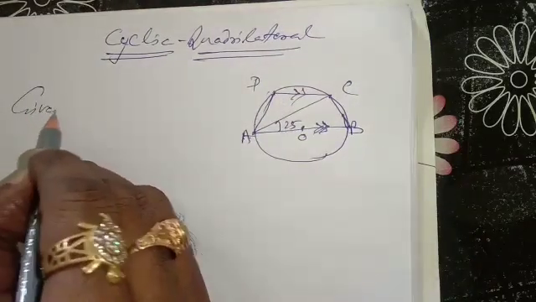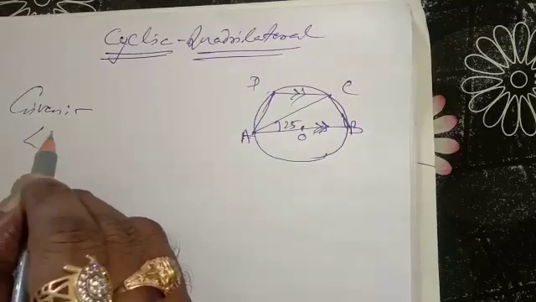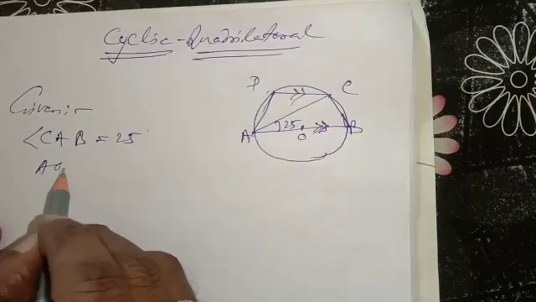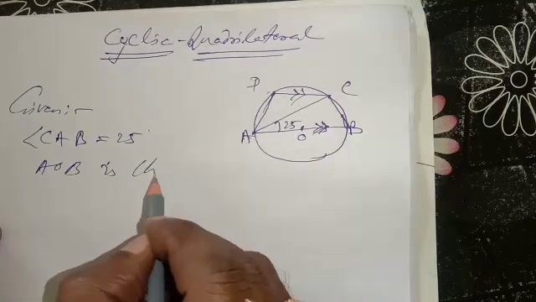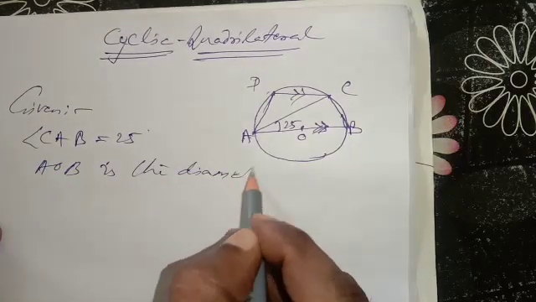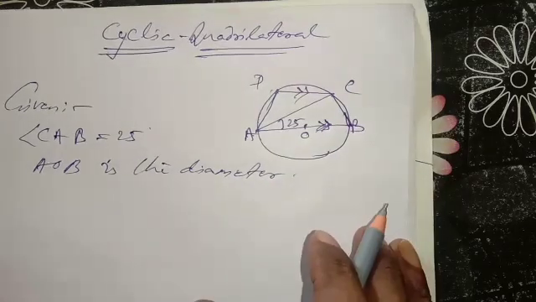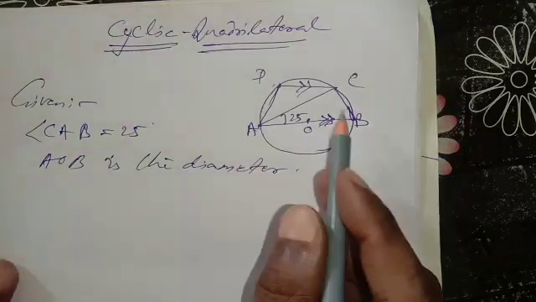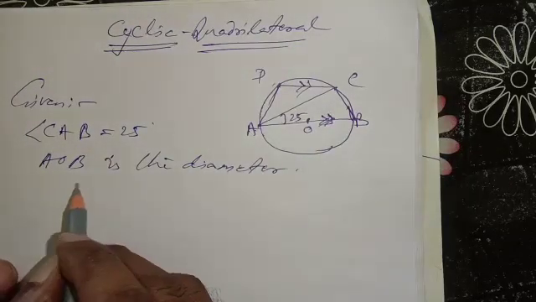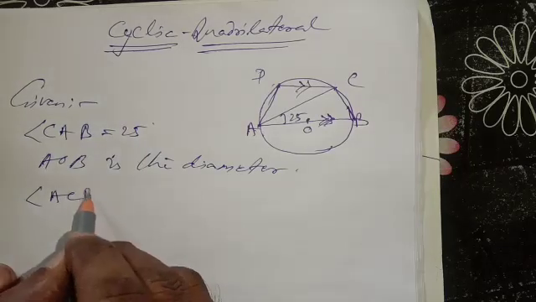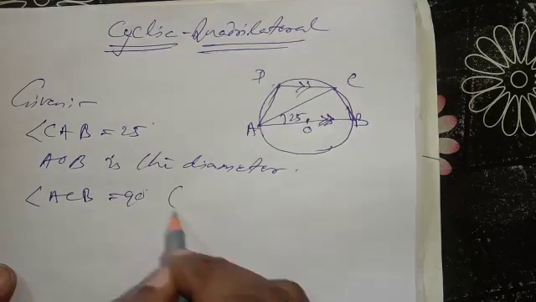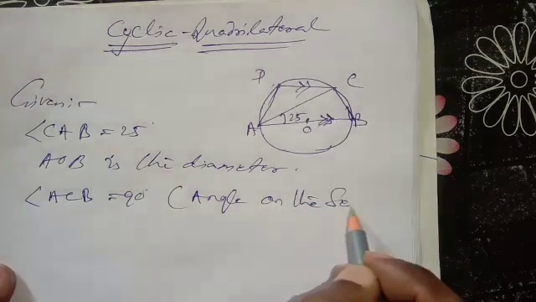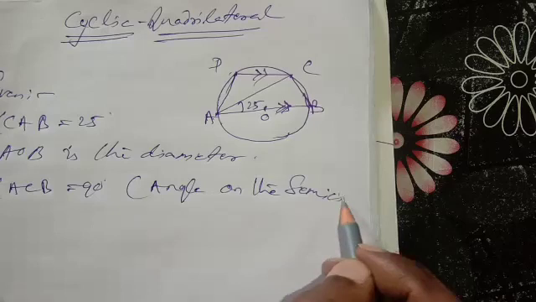So what is given here? Given angle CAB is equal to 25. AOB is the diameter, and angle ACB will be 90 degrees.